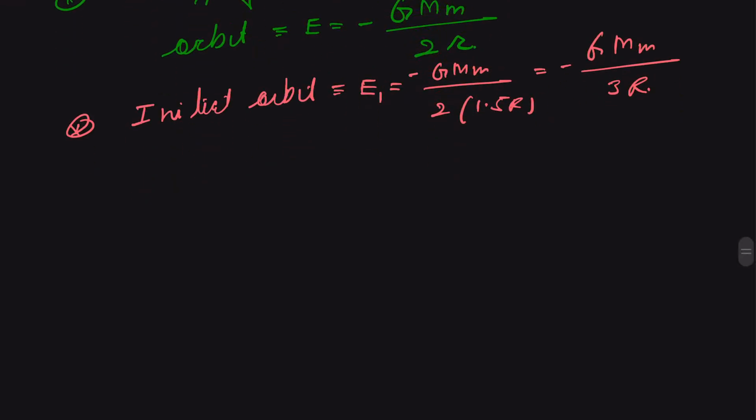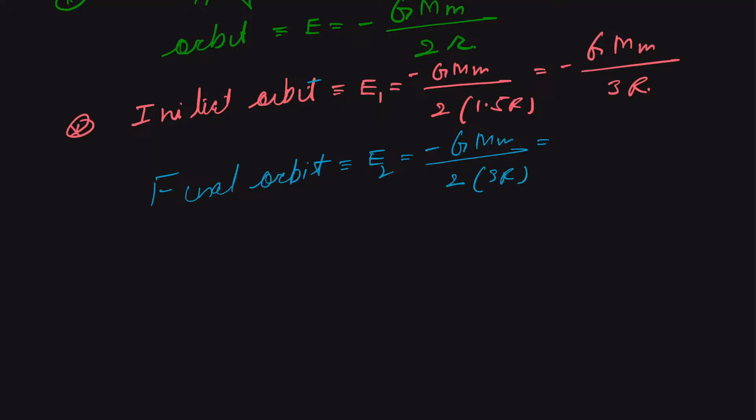And then we come to the final orbit, which is our E2. This will be minus GMm upon twice 3R, giving us minus GMm upon 6R.